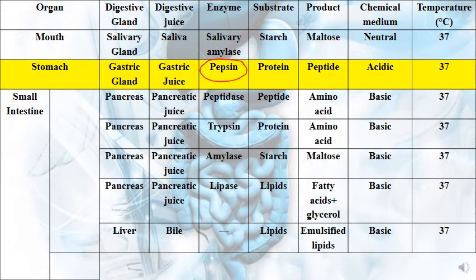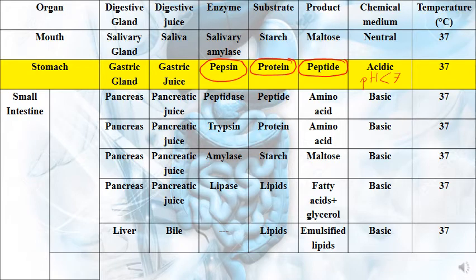Pepsin works on which substrate? On protein, to give which product? It gives the peptide, the polypeptide. The medium is acidic, meaning the pH is less than 7, and the temperature is always 37 degrees Celsius.